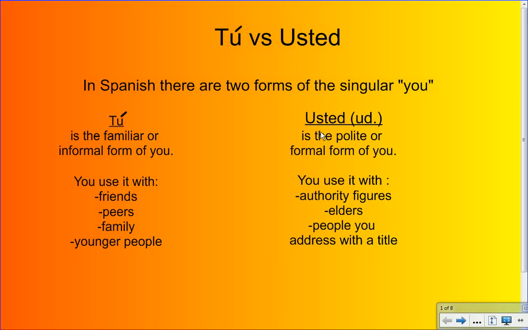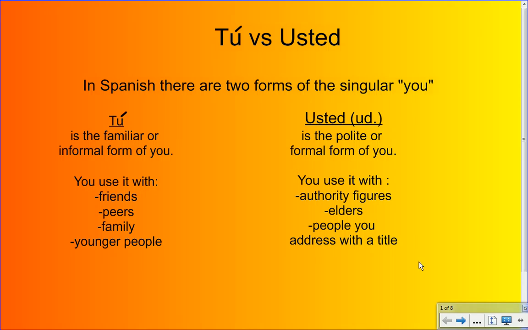One thing I want you to note about usted is this is the full written out version of the word usted, and this is the abbreviation for it, Ud. It's the same, but it's more common to see it in the abbreviated form than in the full spelled out form. Okay, so again, tú is what you use with your friends and people you can call by their first name. Usted is what you use with authority figures, people that you have to address with a title, generally people you refer to by their last name.